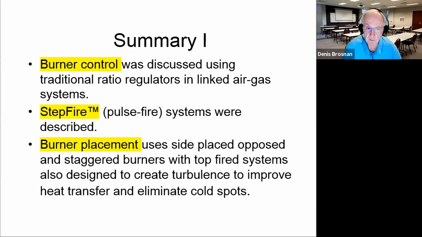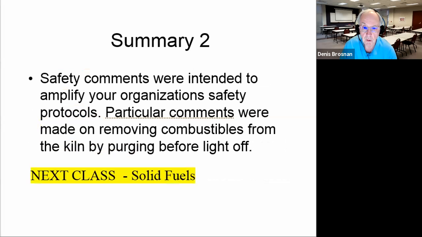We talked about the advantages of StepFire because we want to use our fuels in the best possible, most efficient manner. We talked about burner placement. We talked about flame impingement and some of the problems that go with flame impingement. We talked a lot about safety.